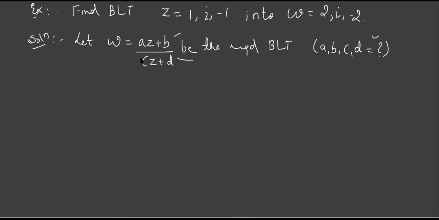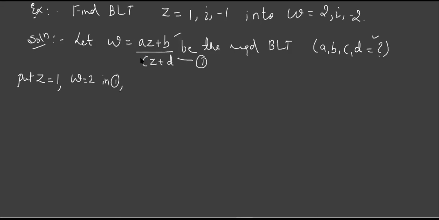Call this equation 1. Now, you know three conditions. If you take z as 1, what is the corresponding value of w? For z equal to 1, w is 2. So take the first set and substitute: put z equal to 1 and w equal to 2 in equation 1.